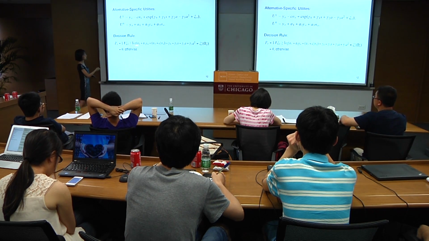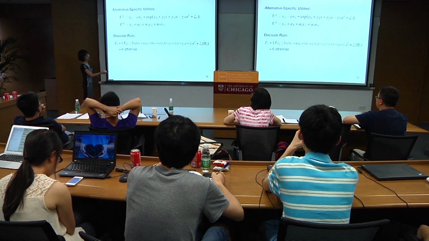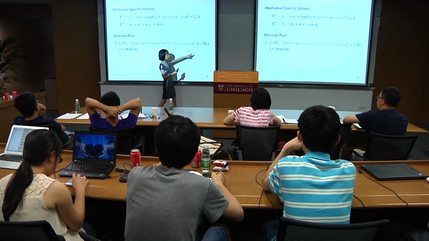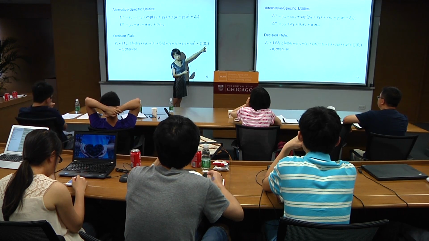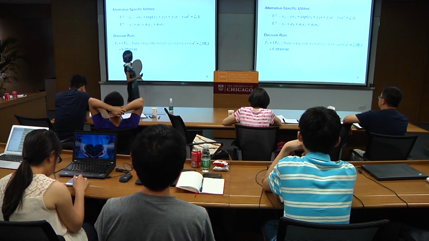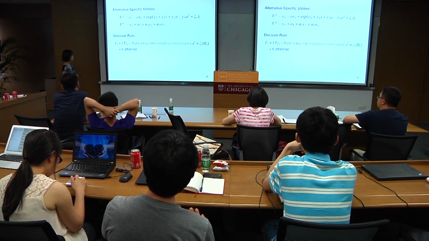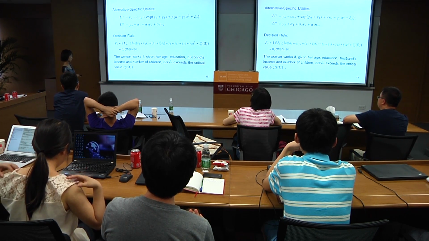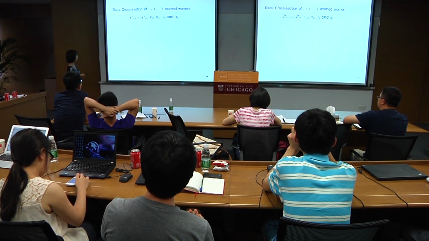If your wage offer is high enough, above this cutoff of the wage offer shock, which is a function of the observable state space, so everything in the state space but the wage shock, you participate. Otherwise, you don't participate. That's the decision rule. That's exactly the same as what we said before.